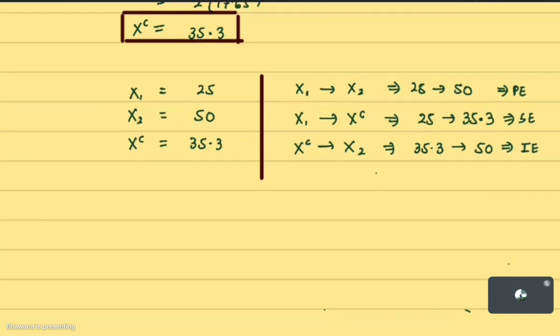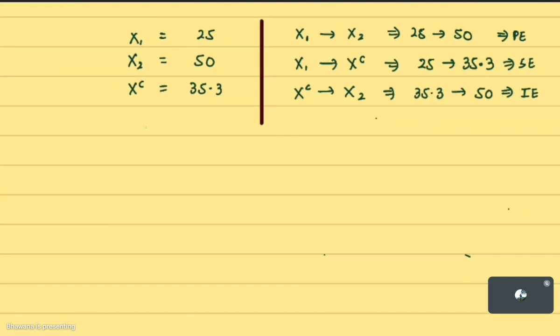Okay, so let me write it here: price effect is equal to substitution effect plus income effect.